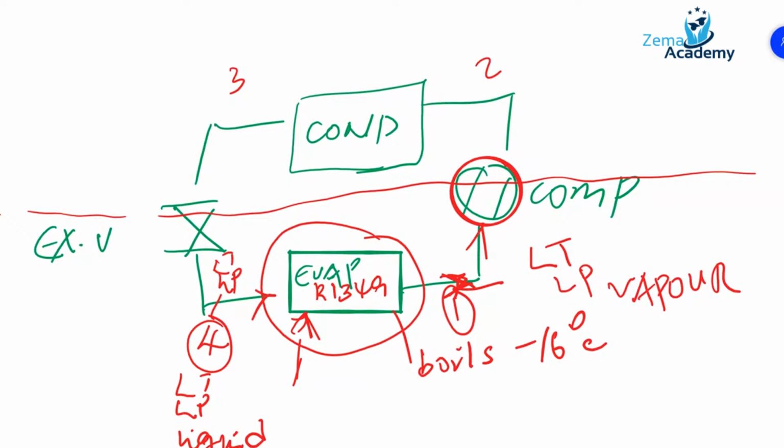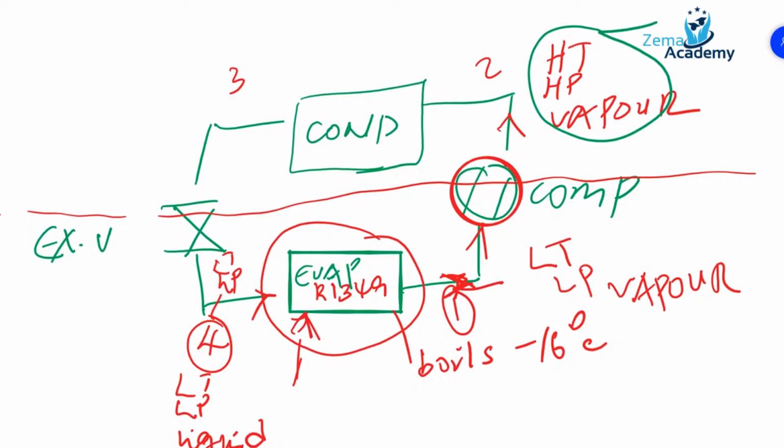The benefit of a vapor or a gas is that by compressing it, reducing its volume, we are able to change its properties. So we use the compressor to reduce the volume of that low temperature and low pressure vapor, and therefore when it comes out here, it comes out as high temperature and high pressure vapor. And that is actually what we use for our application.